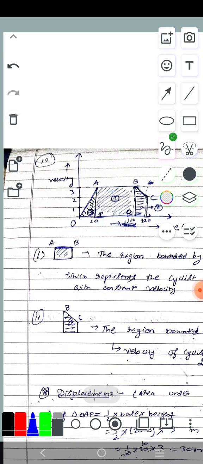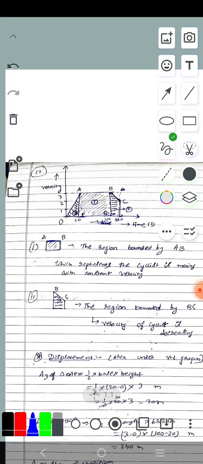So this is the region bounded by AB, which represents that the cyclist is moving with constant velocity.